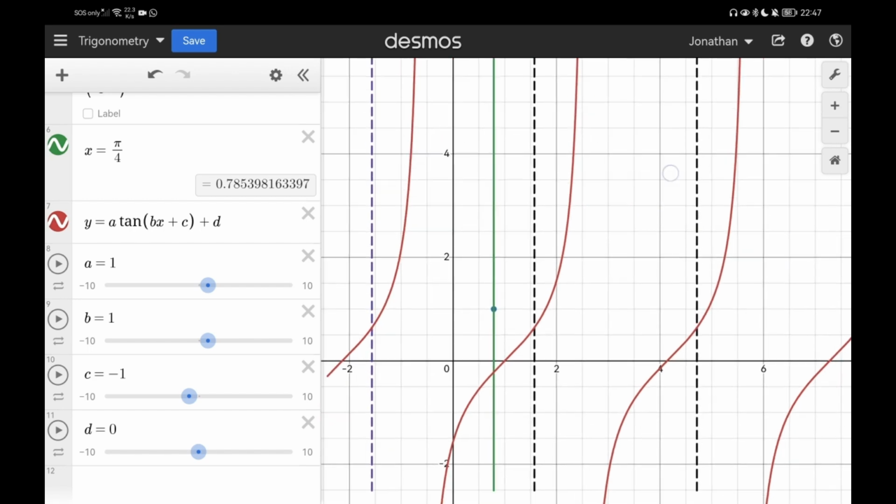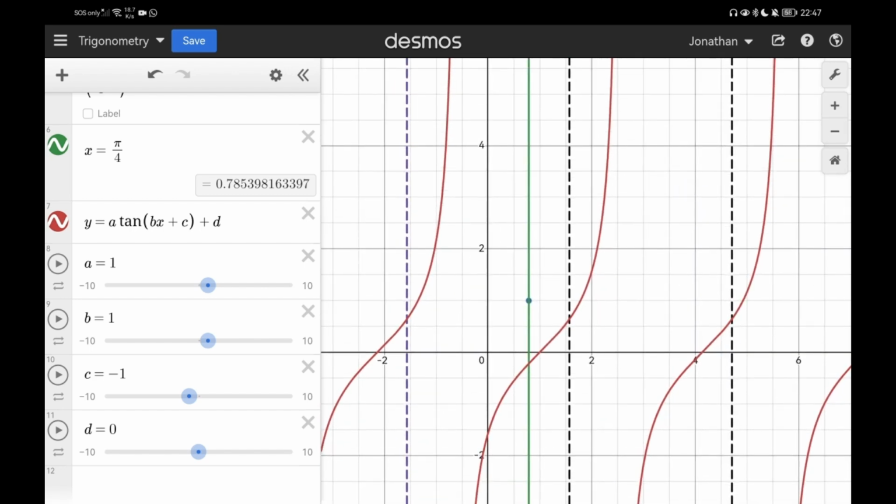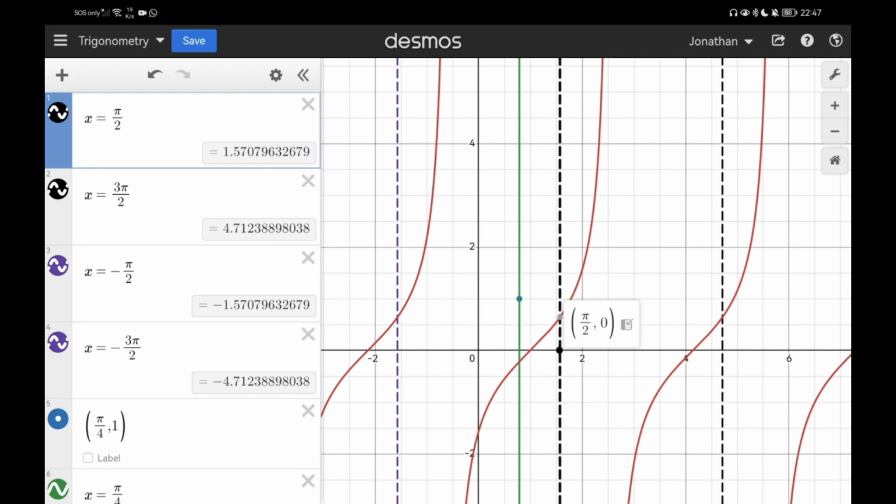As you can see, the tangent graph moves to the right by 1 unit. Simultaneously, all of these asymptotes also shift to the right by 1 unit.